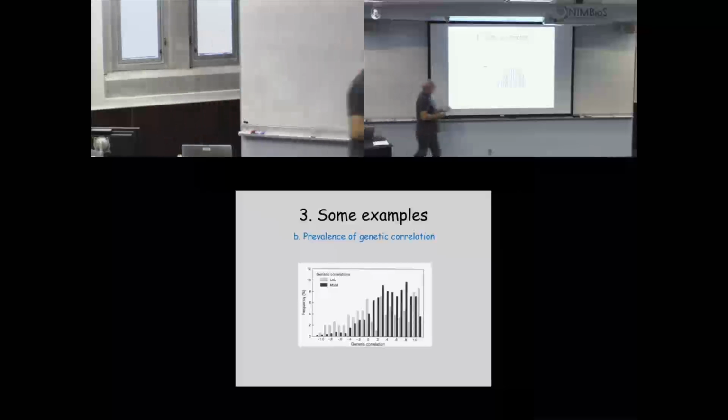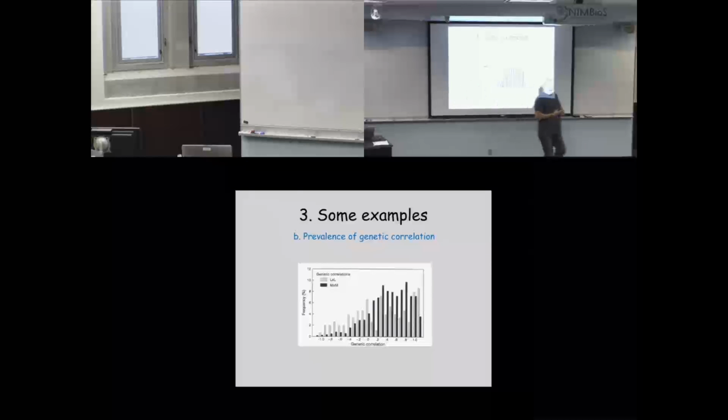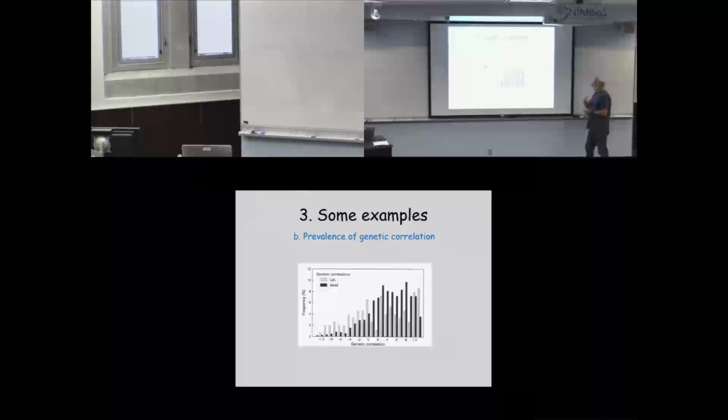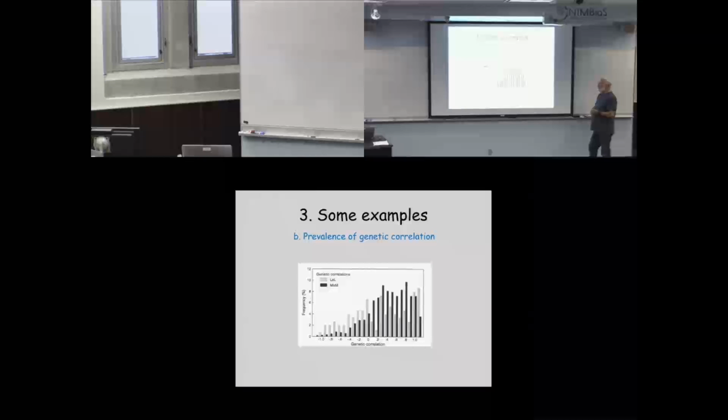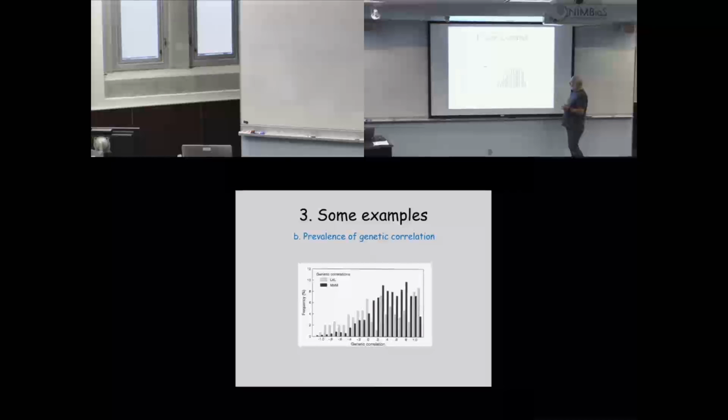Okay, so if you look at the literature on quantitative genetics, here's a compilation by Tim Mousseau, who's at the University of South Carolina at Columbia, and Derek Roff, who's at the University of California, Riverside. They did an exhaustive survey of the literature up to about 1985.